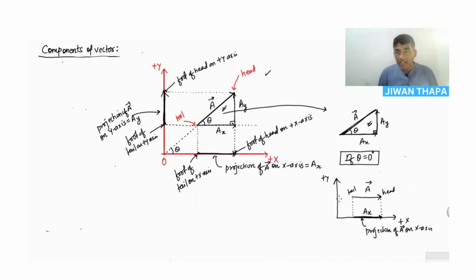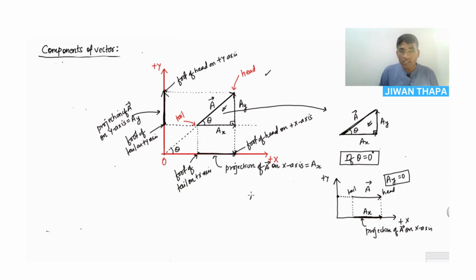In this case, there is no component along the y-axis, because if you draw perpendiculars from the tail and head, they lie on the same point on the y-axis. So component AY is 0.